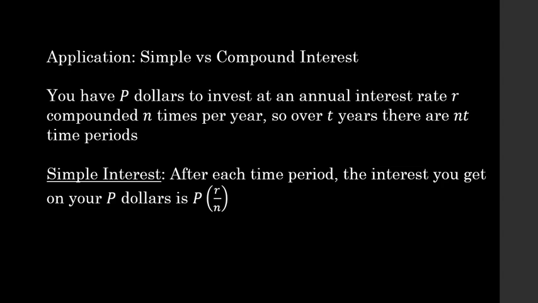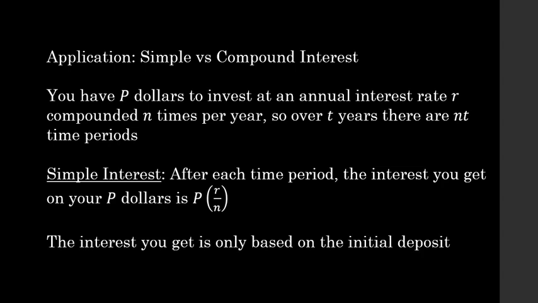And every time that interest is compounded, you are getting the same quantity of interest being added into your account. So what's really happening here is with simple interest, the interest you're getting every time period is only based on how much money you put in at the start.